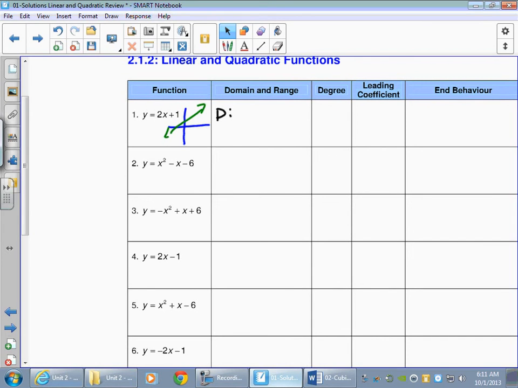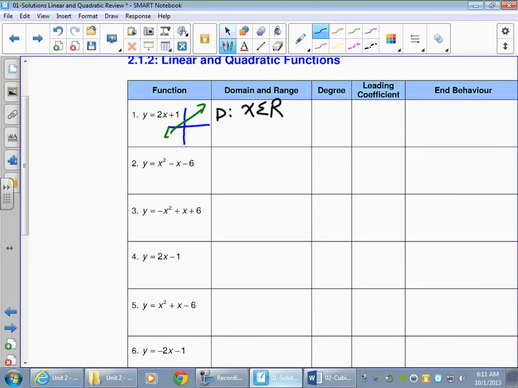All right, that works. Domain is all the x values that are covered by our graph. Well, in this case, and this is sort of the syntax, if you remember, x belongs to the real number system. So x can be anything at all.